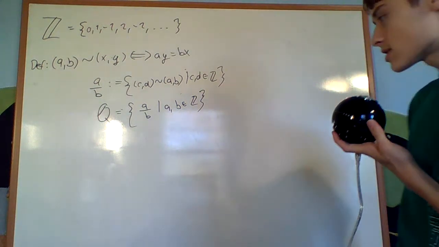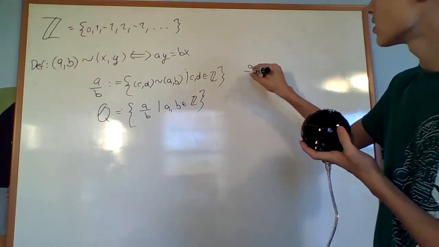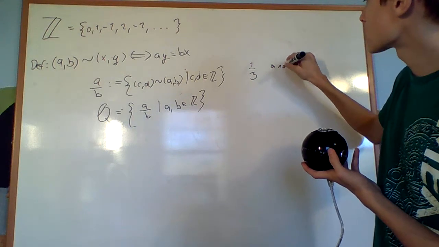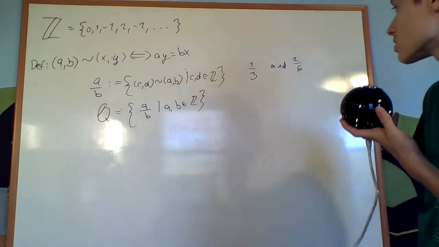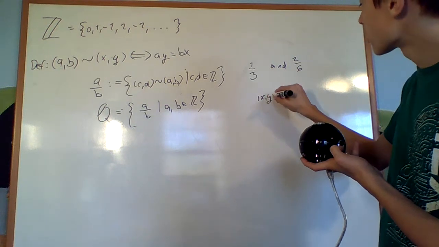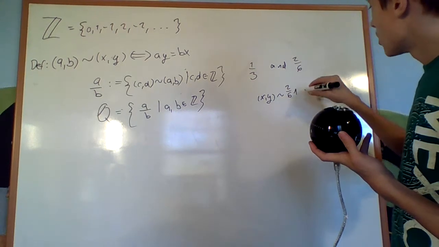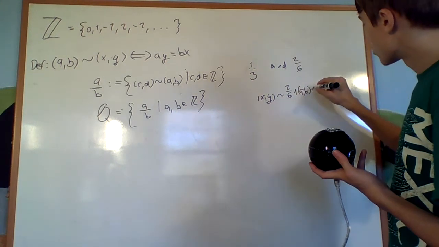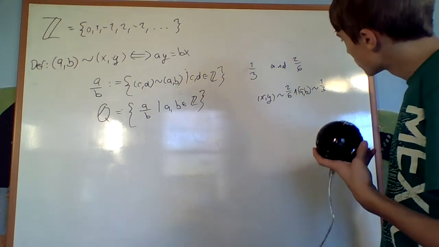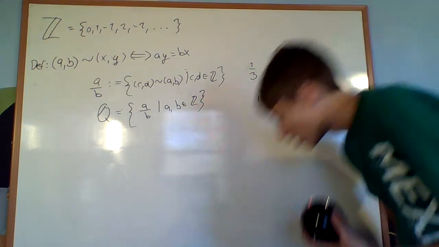So this eliminates the problem we had with simplifying, because if I do, for example, 1 over 3 and 1 over 6 and 2 over 6, these things are going to be the same thing. All the (X, Y) congruent to 2 over 6 and all the (A, B) congruent to 1 over 3, it's obvious that these are going to be the same. All the things congruent to 2 over 6 is going to be the same thing as all the things congruent to 1 over 3.